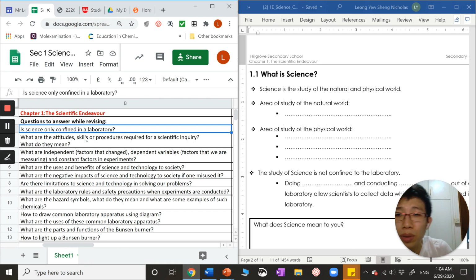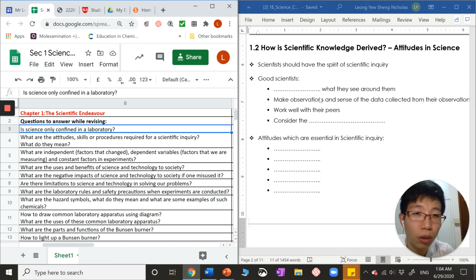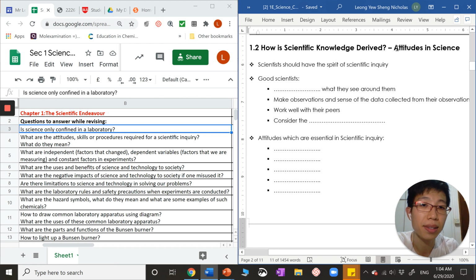What are the attitudes, skills, or procedures required for a scientific inquiry, and what do they mean? If you scroll down, look at your own worksheets, you'll realize that there's a bottom part over here, this attitude in science. A good scientist should observe what they see around them.